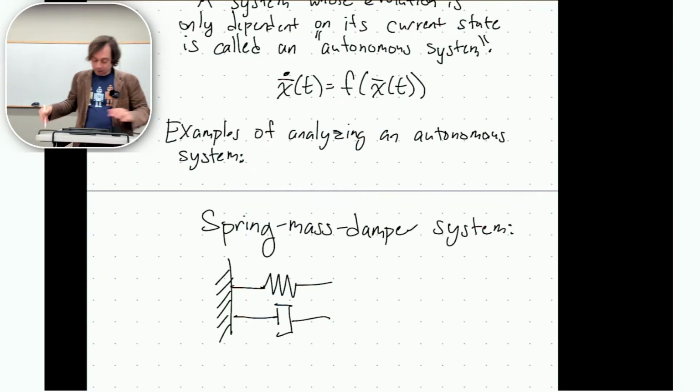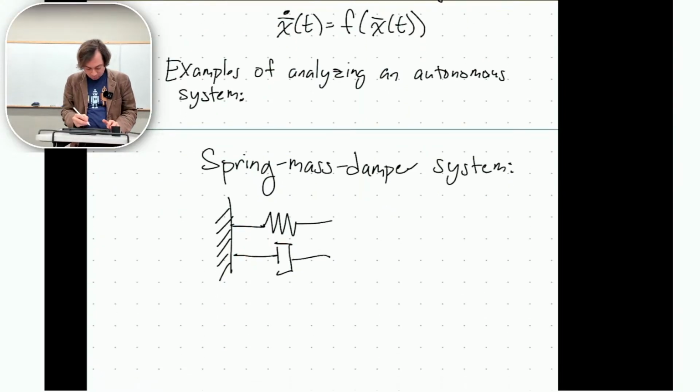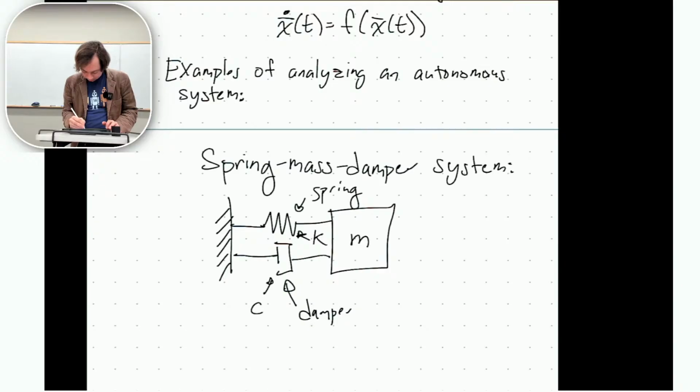Okay? Then of course you have your spring with some stiffness K. You have some damper with some coefficient called C. Then you have some mass here, and we'll define the stretching of that spring as some S of t.